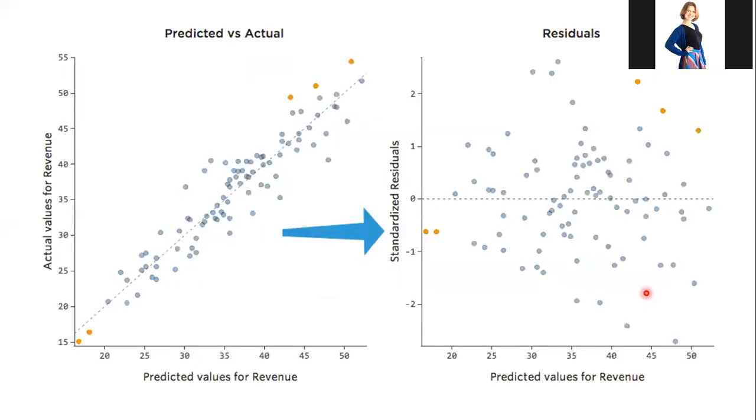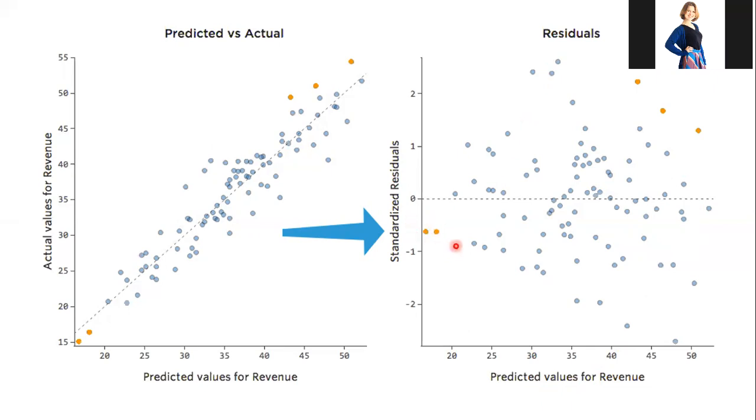So what is a residual? A residual is the difference between the real value of our response and the predicted one. We just calculate the difference between prediction and actual value and plot it in a residuals plot.